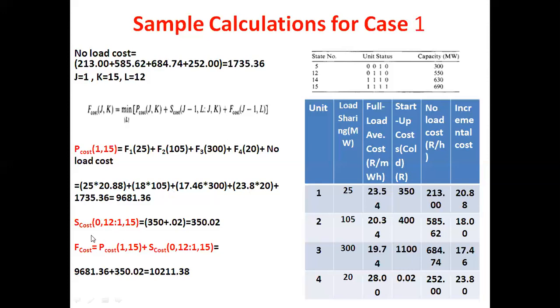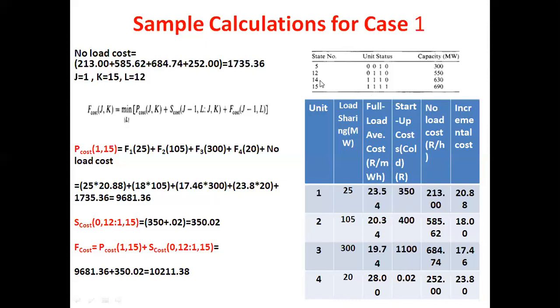And the startup cost, from 0 hour to first hour, when the state changes from 12 to 15. When it is at state 12, units 2 and 3 are on. So when it is going to 14 state, that means we turn on unit 1, and the startup cost for unit 1 for cold start is 350.